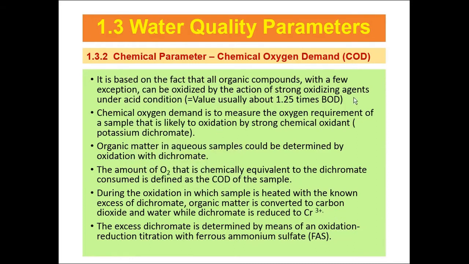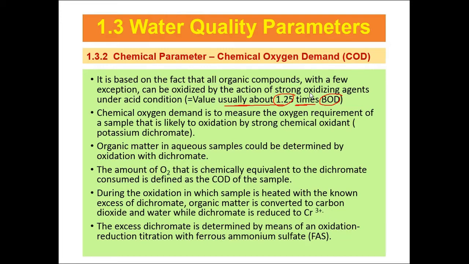Okay, this is the typical, COD is about 1.25 times BOD. But this one is just an approximation or estimation, not the correct way. It's not the correct way to determine COD by multiplying with 1.25. No, this is just for the indicator.